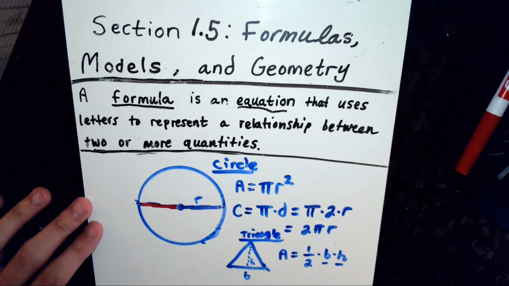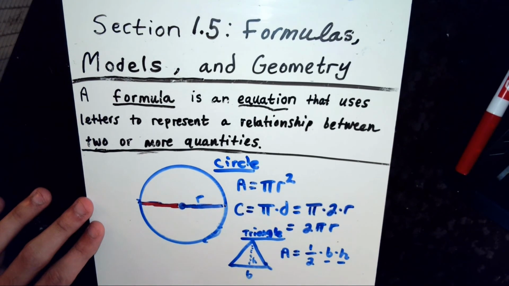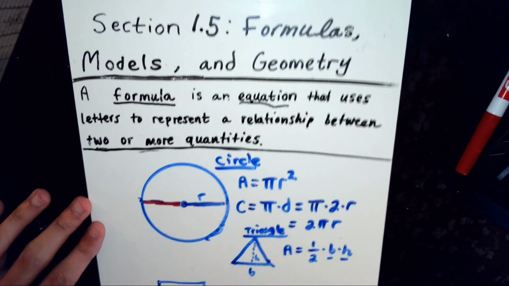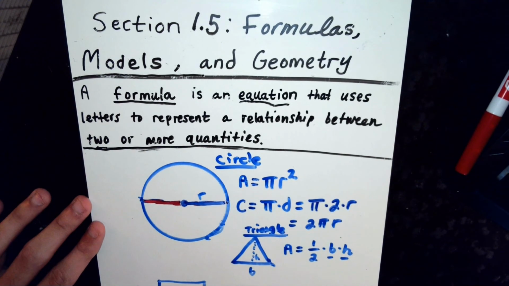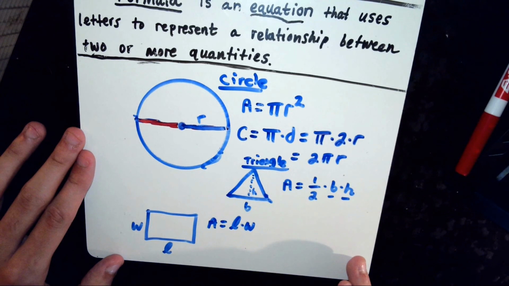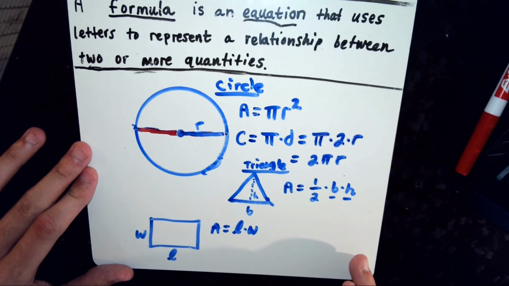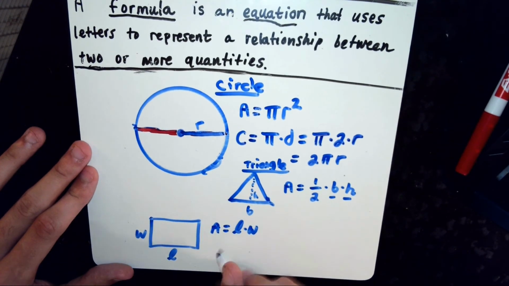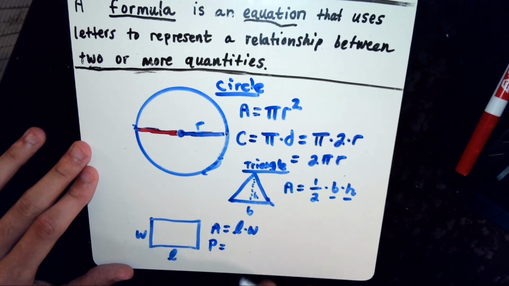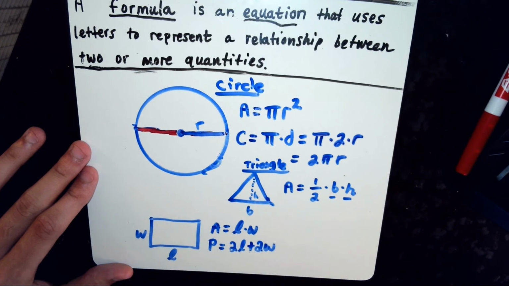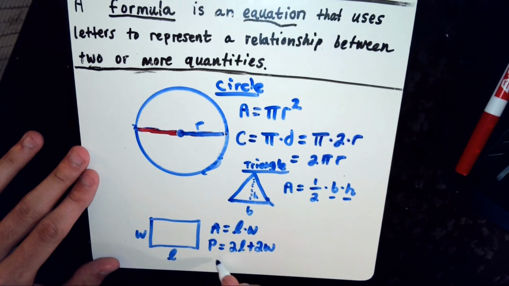Next, why don't we look at the formula for the area of a rectangle? So the area of a rectangle is, we have our length and we have our width, and the area is given by the length times the width. Sorry, I was off the screen there for a moment. And also we have that the perimeter is twice the length plus twice the width. Another way of writing this, we can factor out a 2 out of both of these expressions.